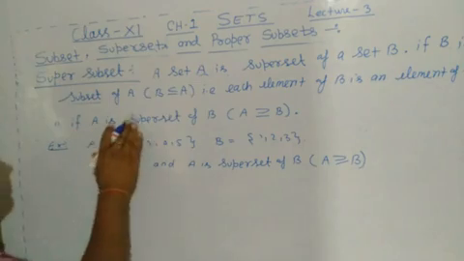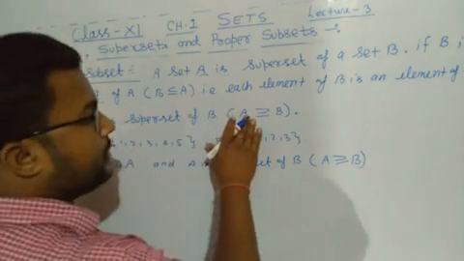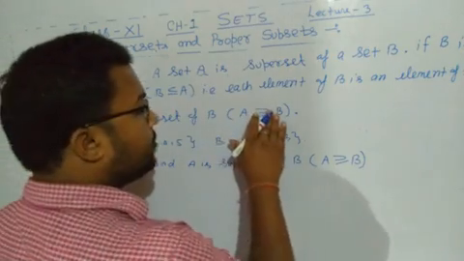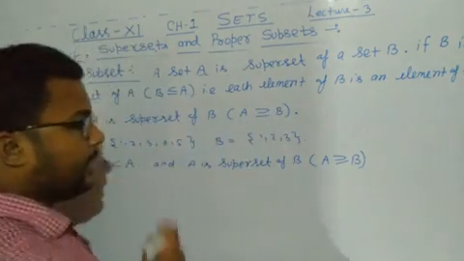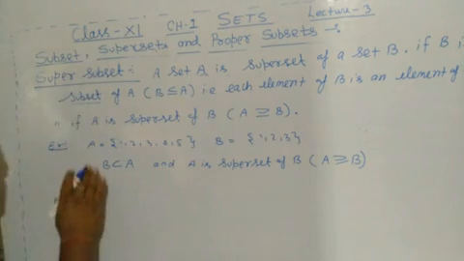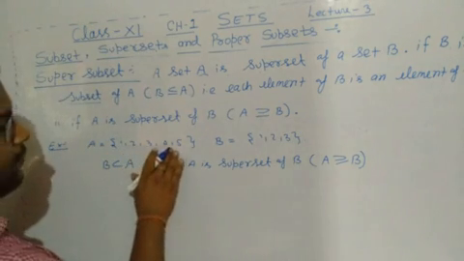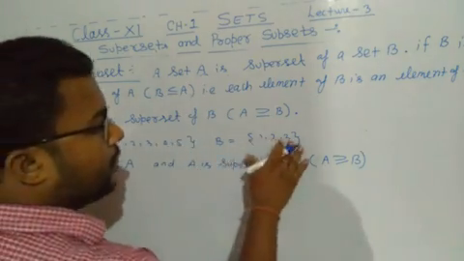If A is a subset of B, this symbol denotes A subset of B. A is equal to 1, 2, 3, 4, 5 and B is equal to 1, 2, 3.